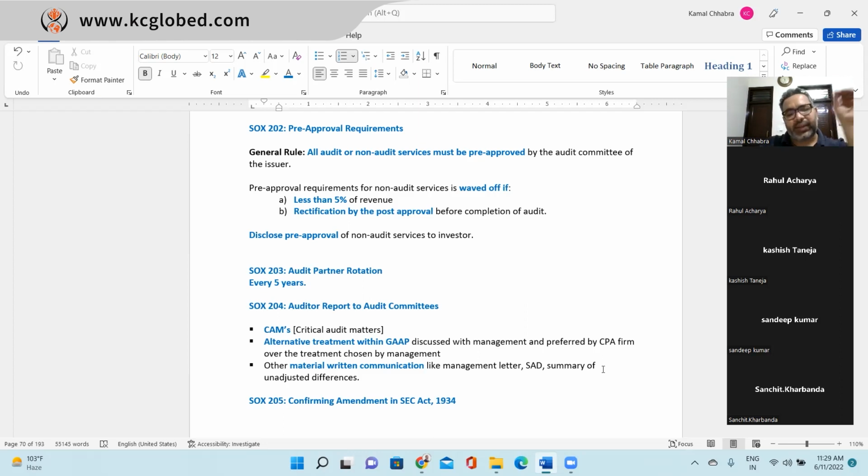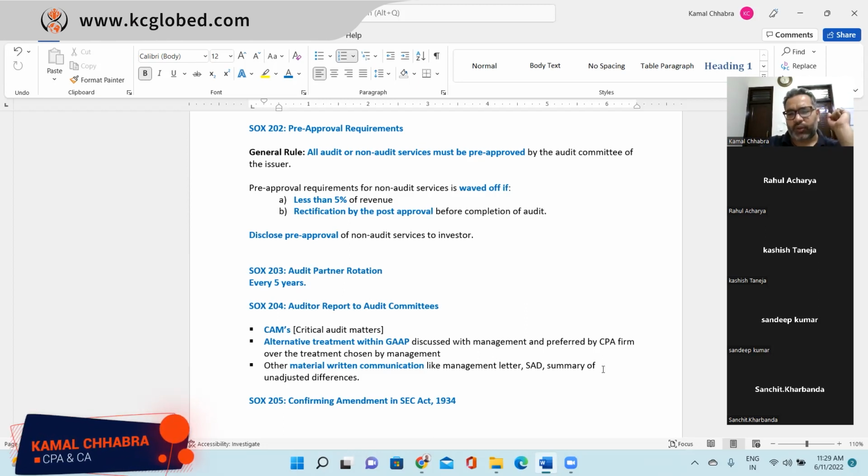Second is rectification by post-approval. For example, you are conducting the audit and you have found the company has not complied with, let's say, ASC 606, 842, or 326. These are new accounting standards which came in the last 3 years in the USA. The company accountant is an old school accountant who does not know ASC 606, 842, and 326.